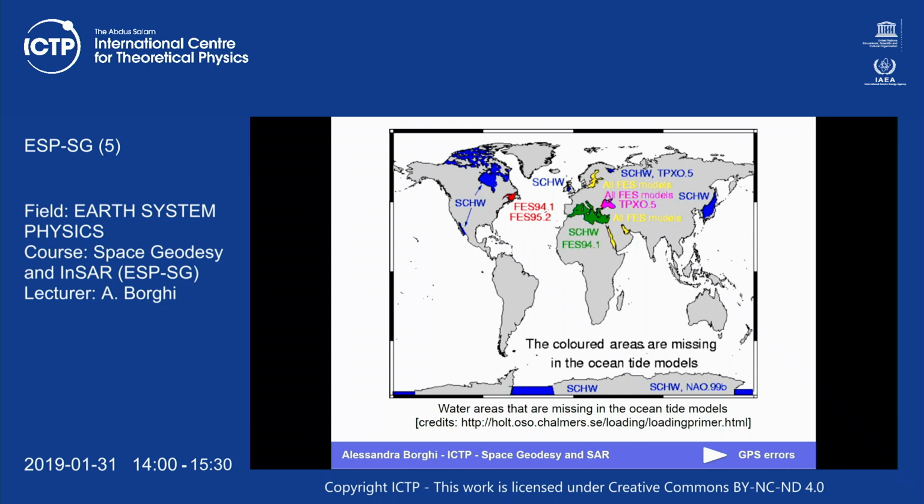For instance, these are some of the ocean loading models, and the colored areas are missing the ocean tide models. For instance, this model didn't consider the Mediterranean. So if you are working in South America, probably you can use this model without any problem, since the only problem with this model is this area.